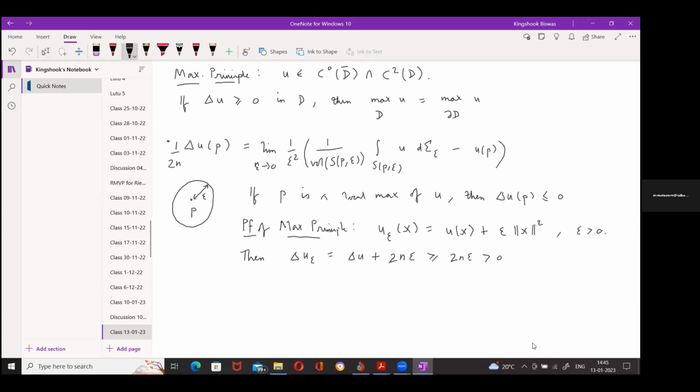All right. So if the Laplacian of u epsilon is strictly positive, then by this earlier observation, it cannot have any local maximum in the domain, right? Because at a local maximum, the Laplacian will be less than or equal to 0. So if there is a local max in the domain D, then the Laplacian is less than or equal to 0.